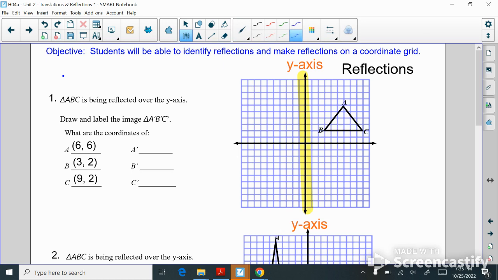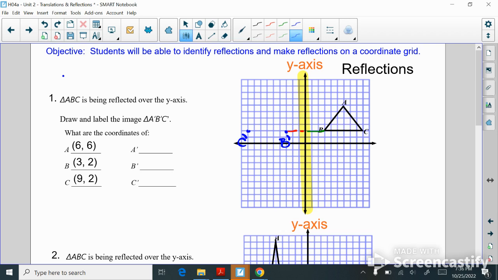So from B to my y-axis is 3, which means on the other side it needs to be 3 away, making my point here B prime. And then for C, I can see that C is 9 away, so that means C has to be 9 away on the other side. So here would be C prime.